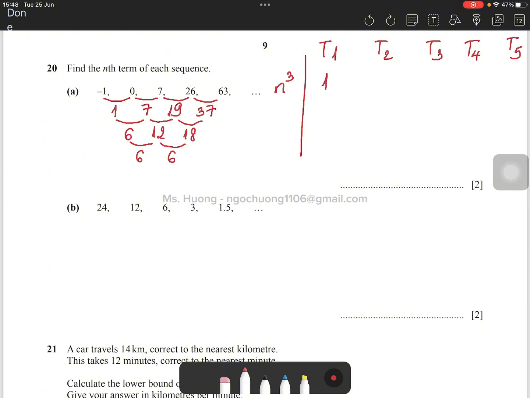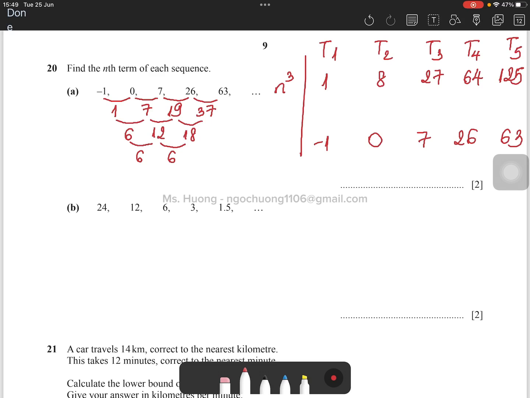The second is 2 cubed equals 8. 3 cubed equals 27. 4 cubed is 64. And 5 cubed is 125. But in question A, we have the sequence -1, 0, 7, 26, and 63. So we'll try to convert the basic sequence n cubed to this.